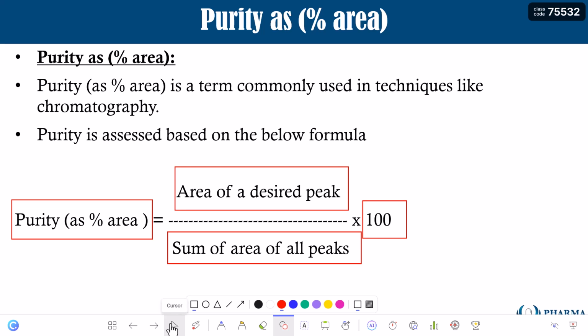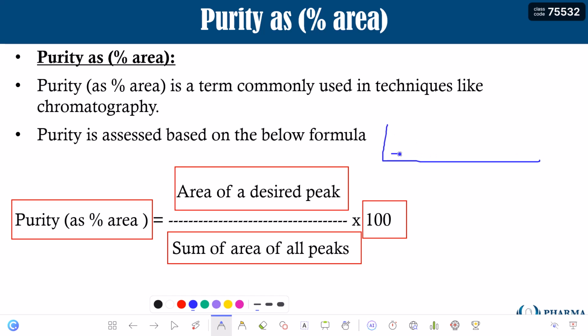So what is the important point to learn in this particular calculation formula? We are not going to consider any concentrations, any weights or measurements. You are just going to have a chromatogram, like this one. Let us say you have some impurities over here, and this is your desired peak.